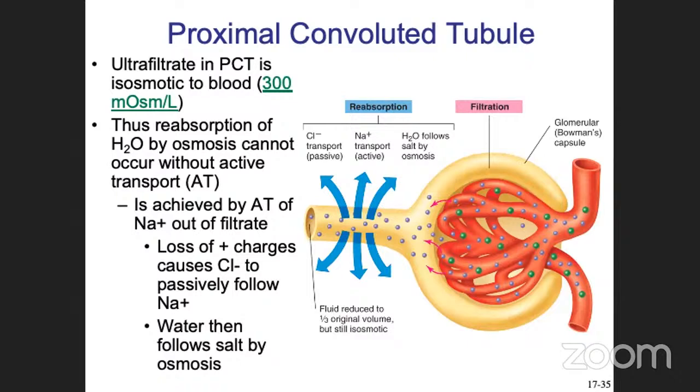And the filtrate in the proximal convoluted tubules, or PCT, is isosmotic to the blood, and it has a very low osmolality, around 300 milliosmol per liter. So osmolality here means the concentrations of the dissolved particles or any chemicals.